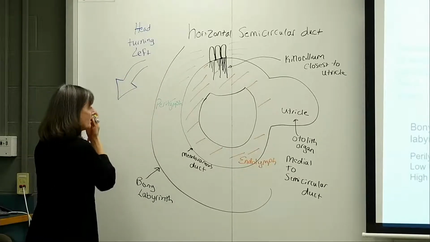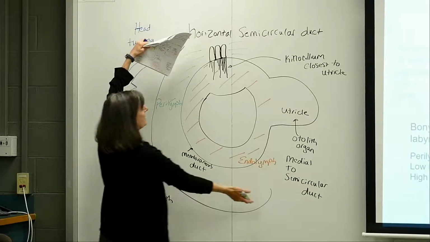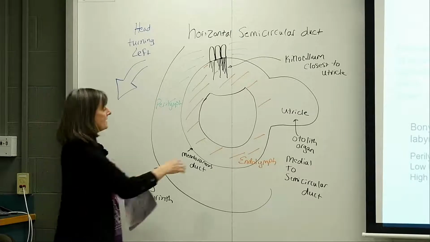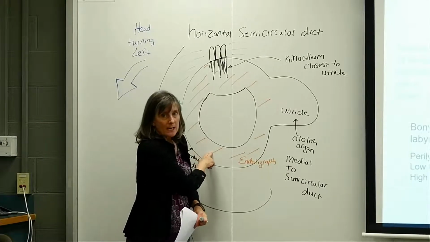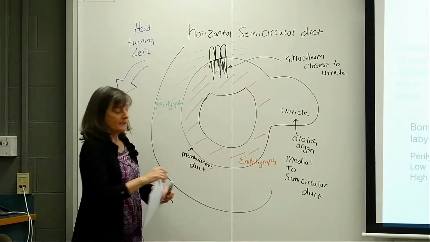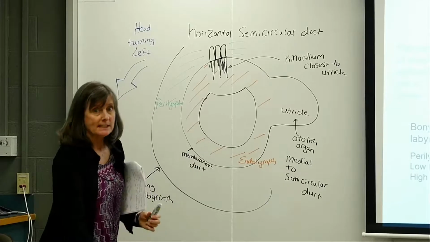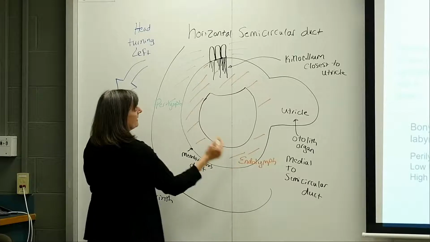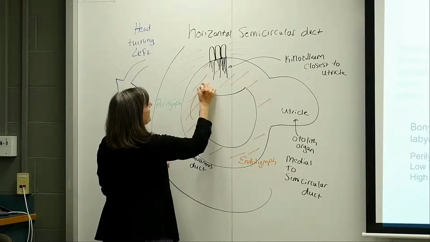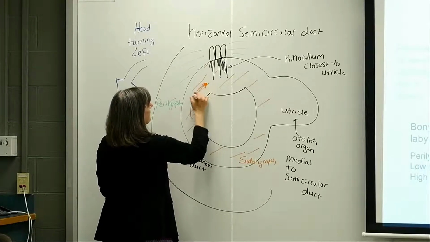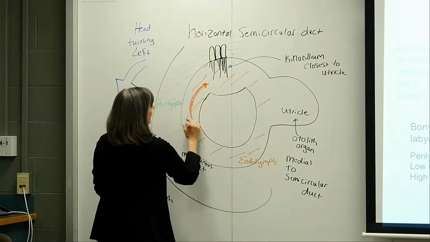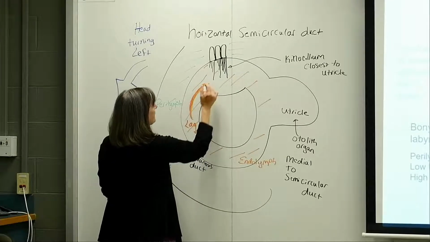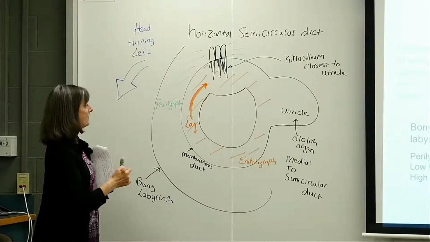What happens is that the bone moves that way as the head moves that way, but because this endolymph is a fluid, it's going to lag. It's not going to move as quickly as the head. So relative to that bony part moving, the endolymph is going to be moving in the opposite direction.